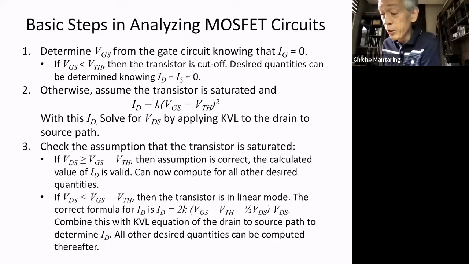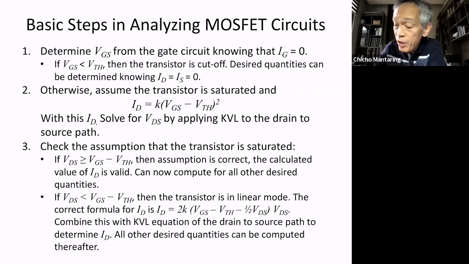You can compute for VGS, and then you compare VGS to VTH. If you see that VGS is smaller than VTH, you immediately know the MOS transistor is cut off. So ID is equal to 0 and IS is equal to 0, and you can now solve for all other quantities.